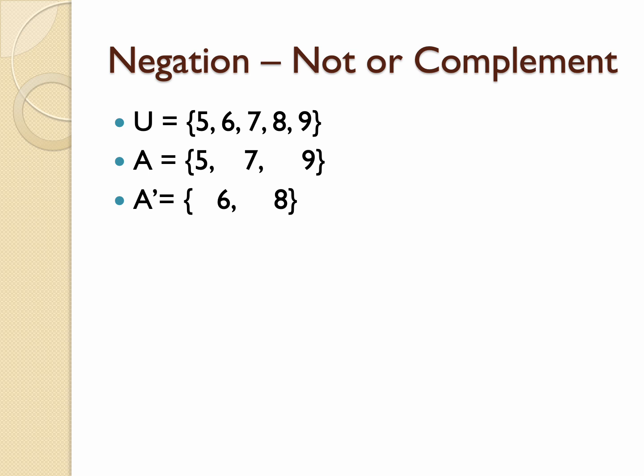And the way it is visually organized, I hope it's easy for you to see that we have removed only the elements of A from U, and A complement is comprised of just 6 and 8. So this is also written as U backslash A and is interpreted as U take away A.